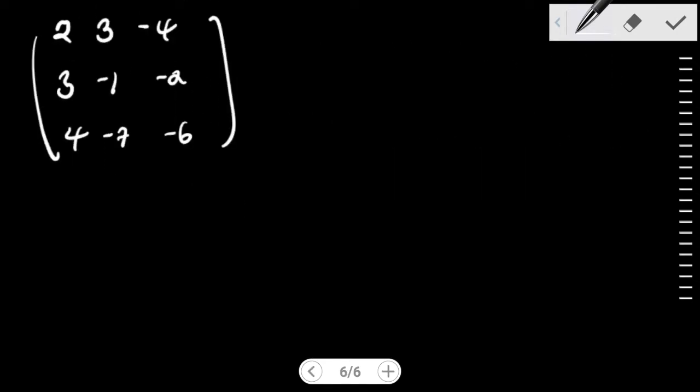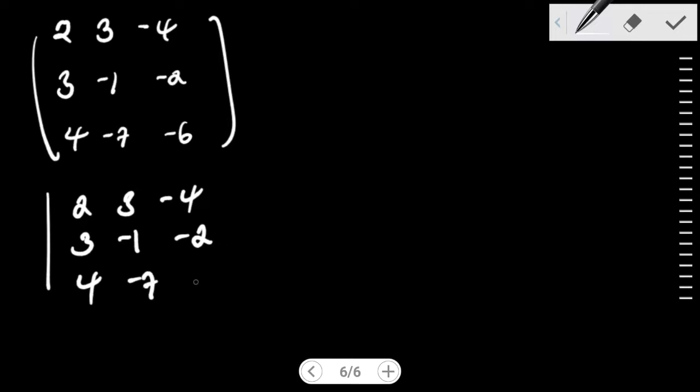Now let's try getting the determinant of this 3 by 3 matrix. As previously, this is the determinant of 2, 3, negative 4, 3, negative 1, negative 2, 4, negative 7, negative 6.